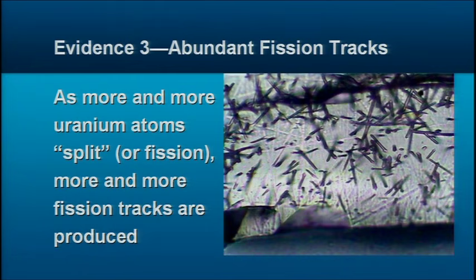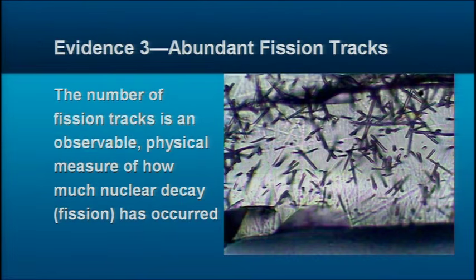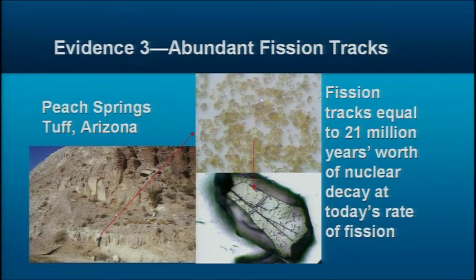So if you know the rate at which this fission process occurs, you can count the number of tracks and use it as an age calculating method. And so this is something you can physically observe. In other words, nuclear decay has occurred through geologic time. There's no question about it. We have physical evidence that there has been abundant nuclear decay.